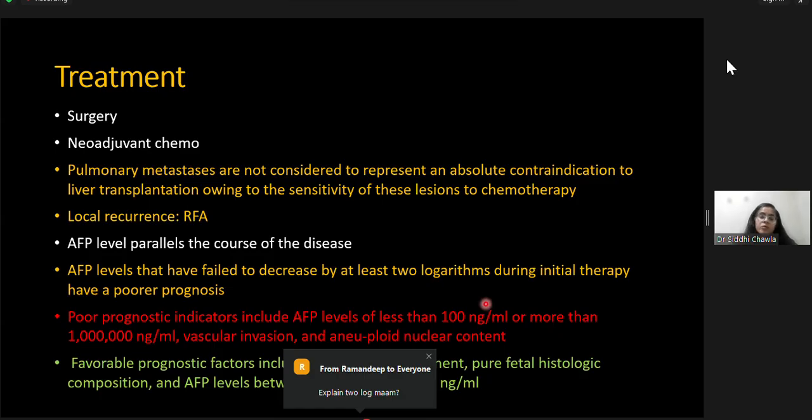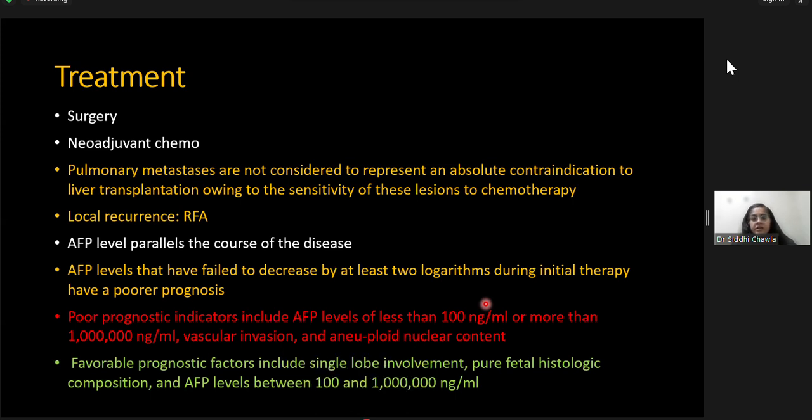Then if it is more than 10 lakhs, we assume that there is a large tumor, a large metastatic load, and that is why the prognosis is poor. Then vascular invasion, because it reduces the chances of a primary resection of the tumor. And histologically, if the aneuploid nuclear content is more, then the chances of poor prognosis are more.